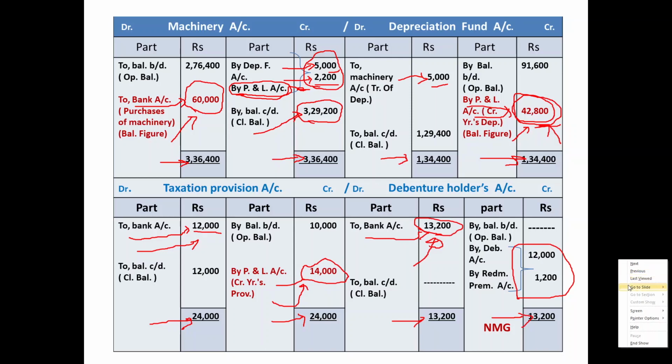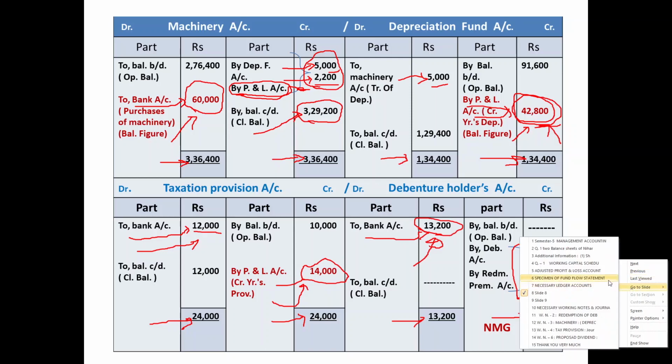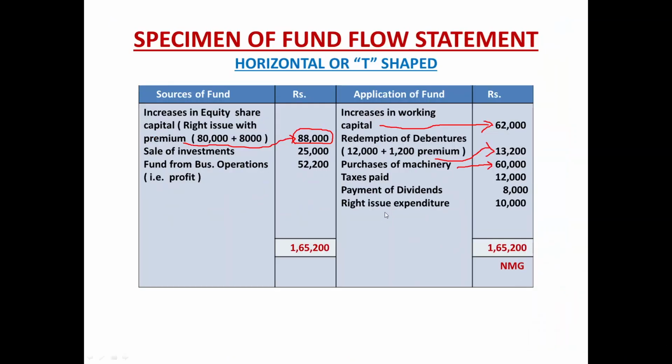Let us report it in the fund flow statement and then in adjusted profit and loss account respectively. 12,000 rupees income tax paid. See, this is the tax paid rupees 12,000 as an application of fund on the application side.